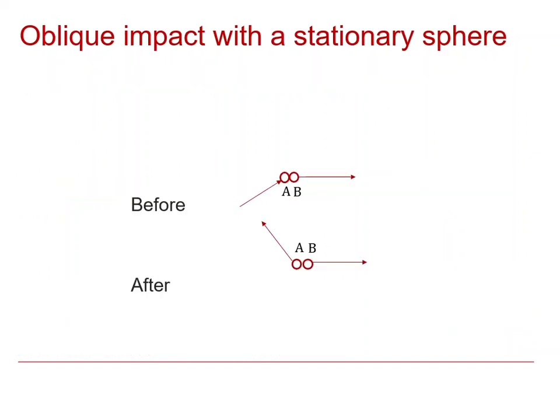Okay then, so we're now going to adopt a convention of representing a collision in 2 diagrams. The upper diagram shows the position just before, and the lower diagram shows the position just after. So let's go through that one thing at a time. First of all, we get the x-axis along the line of centres, which gives us our axes.